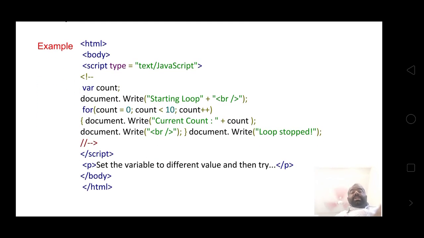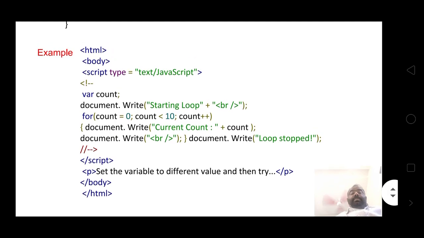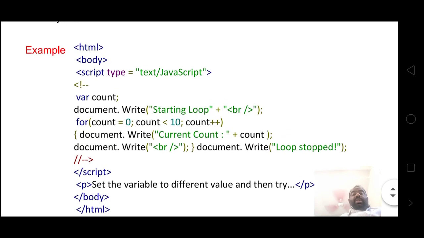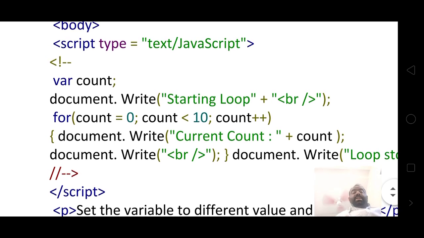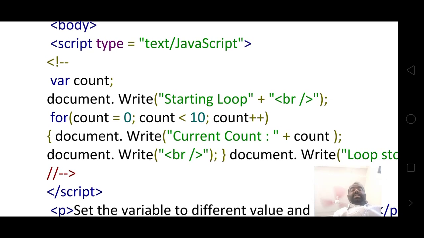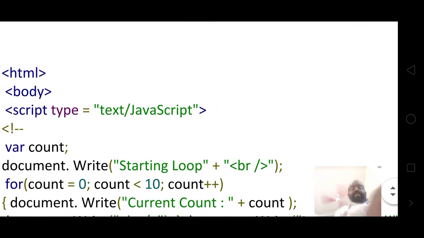Here, HTML body script type, document dot write inside the for loop. Here you see the for loop: count is equal to 0, this is initialization. Count less than 10 is the conditional statement, the test condition.